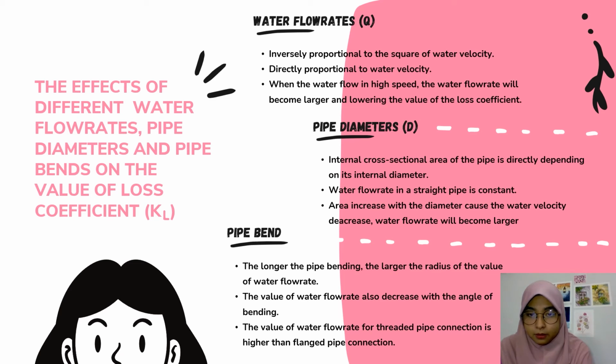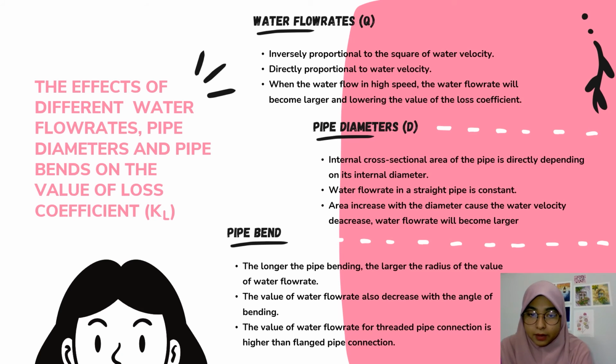Second, pipe diameter. The pipe's internal cross-sectional area directly depends on its internal diameter. So when the water flow rate in a straight pipe is constant, the area increases with diameter, which causes the water velocity to decrease.